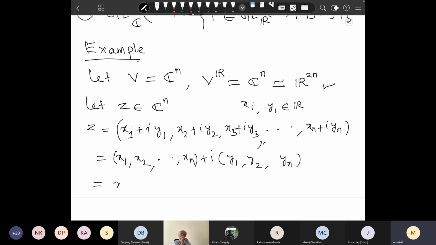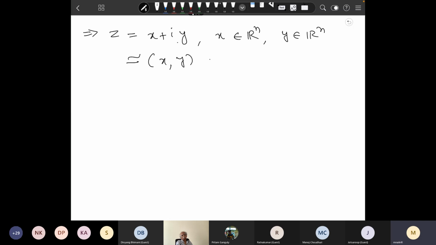I can write this as x plus iy, where x is equal to (x1, x2, ..., xn) and y is equal to (y1, y2, ..., yn). So I get z is equal to x plus iy, where x belongs to R^n, y belongs to R^n. So I will identify this z, x plus iy, with (x, y) belonging to R^2n. This is the same thing as R^n plus R^n.